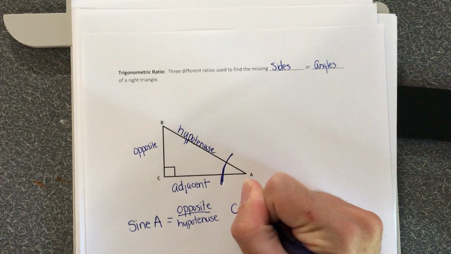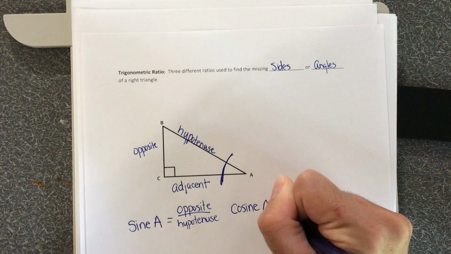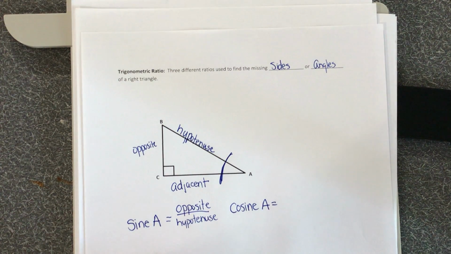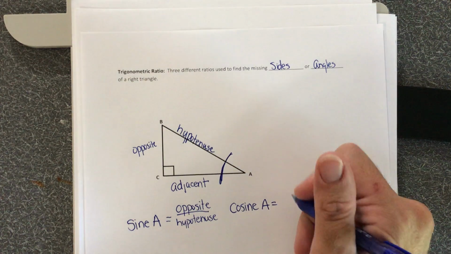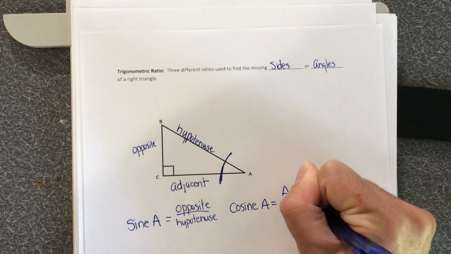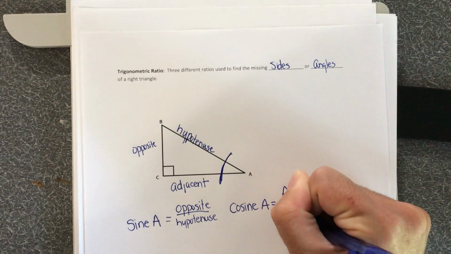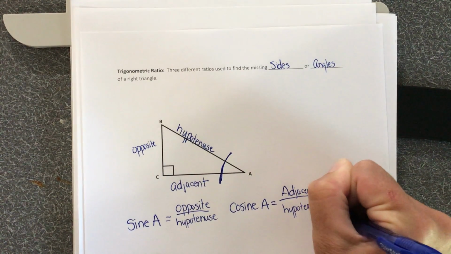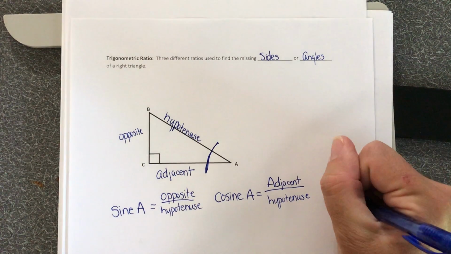Next is cosine A. If we use cosine A, we have to use the ratio that is adjacent over hypotenuse. And then the last trig ratio is tangent.